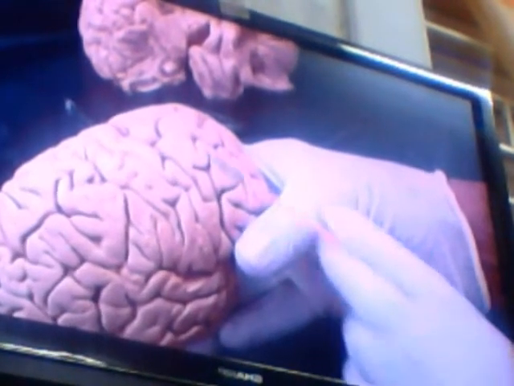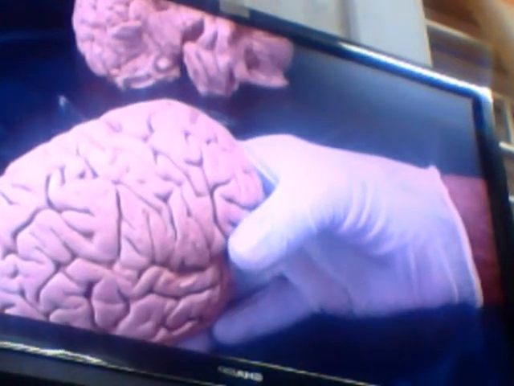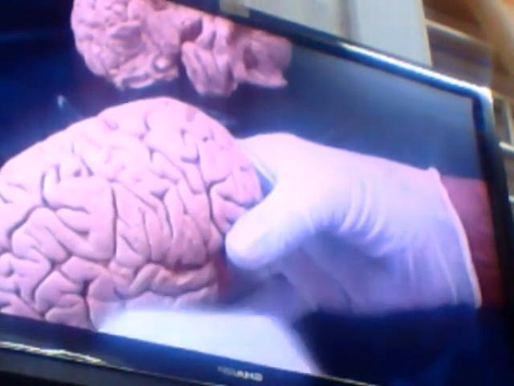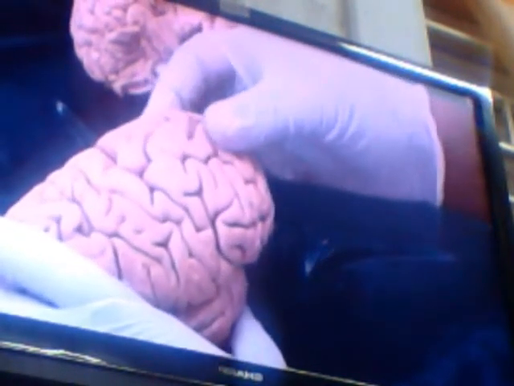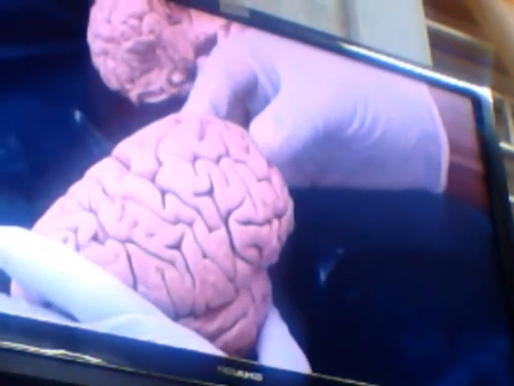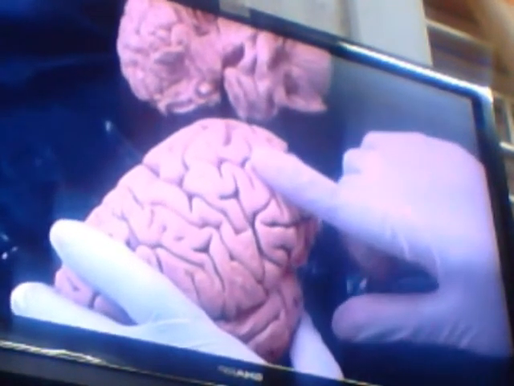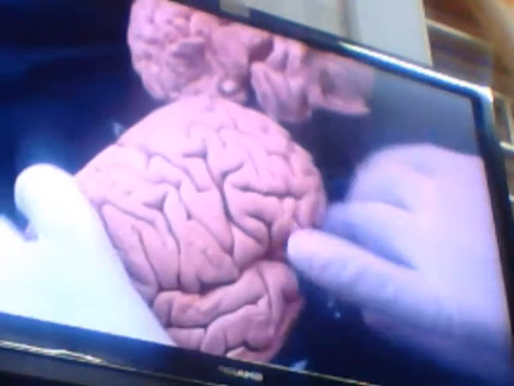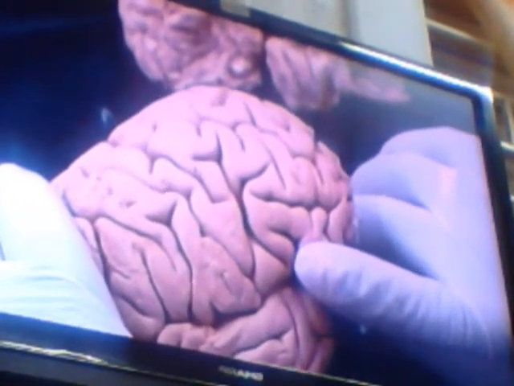And what we call the elevation? Gyri, gyrus, gyri, singular plural. So this one here is going to be the superior frontal gyrus. This one here is going to be the middle frontal gyrus. And this one here is going to be the inferior frontal gyrus.